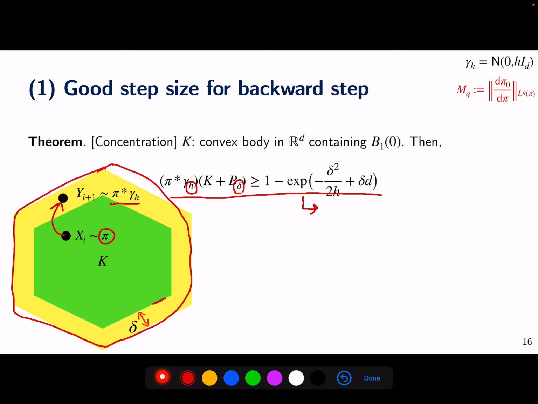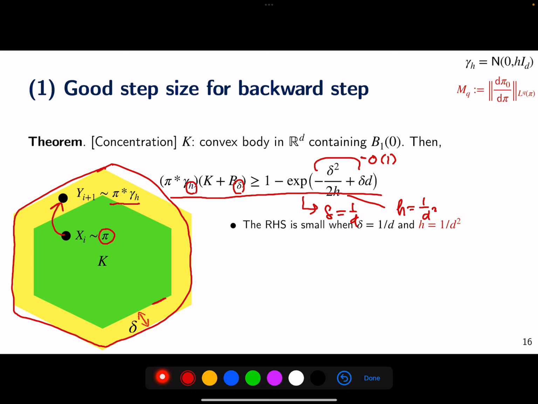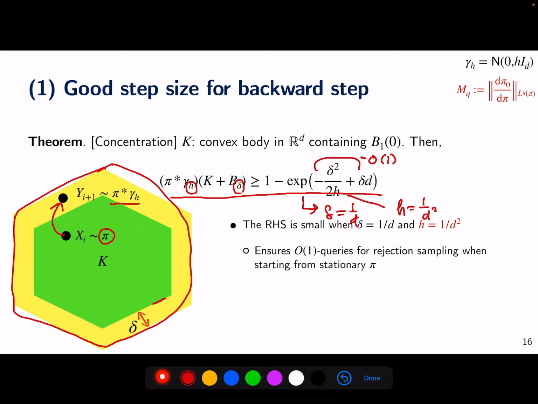From here, it makes sense to take delta to be 1 over d because we want to make this exponent like minus 0.1. So delta should be 1 over d. Once we take delta like that, then h should be 1 over d squared, right? By changing the multiplicative coefficient properly, we can make sure the right-hand side is 0.99. Once we ensure this, we can do some calculation to show that O(1) many queries are enough for rejection sampling until the first success, when starting from the stationary distribution phi.